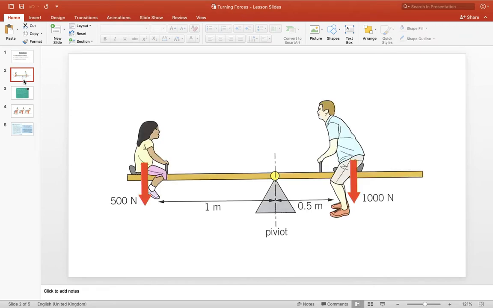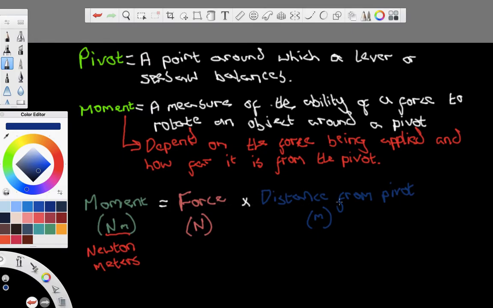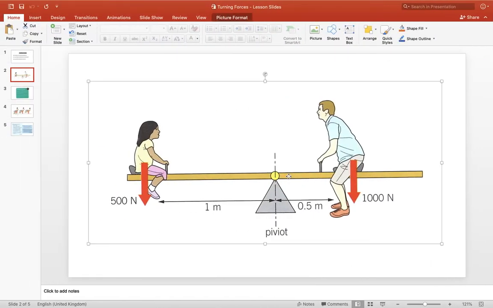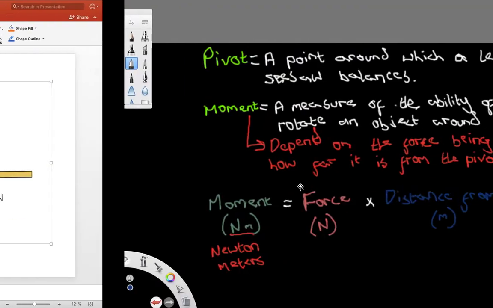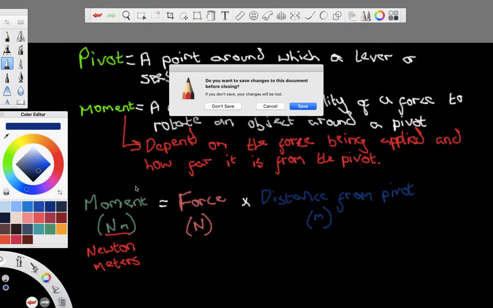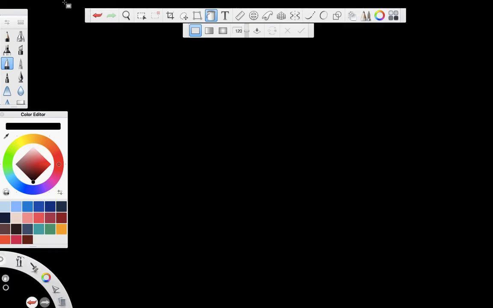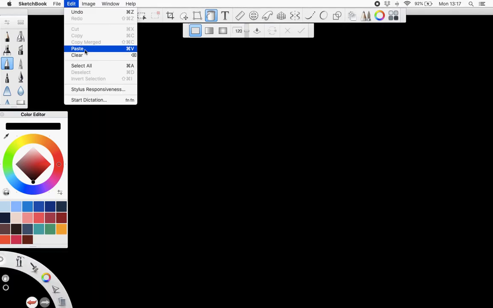So if we have a look at this as an example, our pivot is the middle part of the seesaw, okay? We've said that moments are force times distance from the pivot. So if I can just steal this diagram and we can refresh this. Just get a new one, make it a black background so it's easier to see, and we paste our image in.